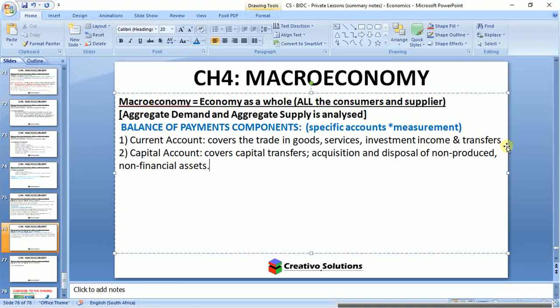Non-produced and non-financial assets. Something that's not produced or not manufactured, and something that's not financial.